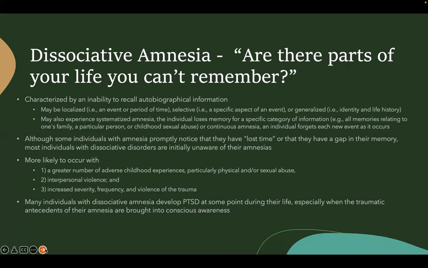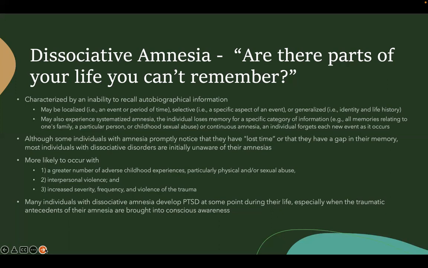So at what we would consider more violent, more explosive, more volatile, whatever that is, because that's kind of subjective, that could increase the likelihood for dissociative amnesia. And many individuals with this disorder develop PTSD at some point during their life.